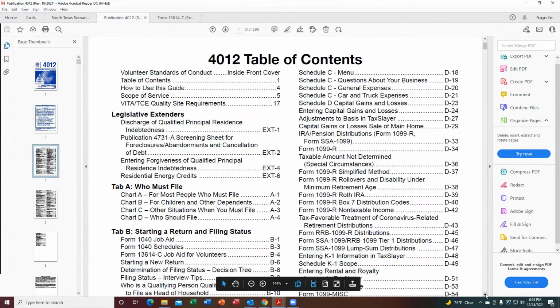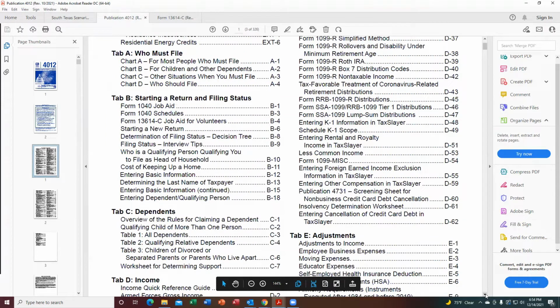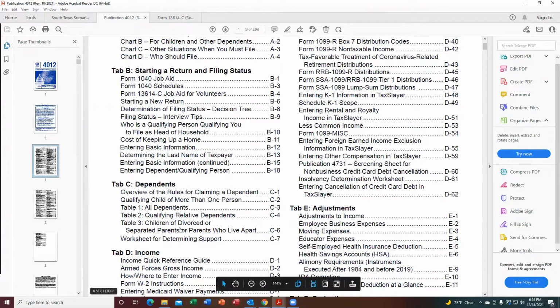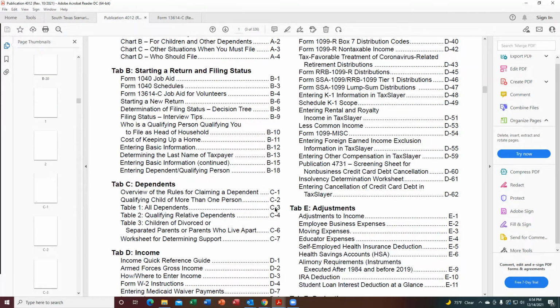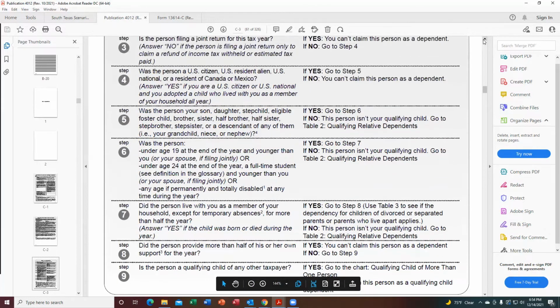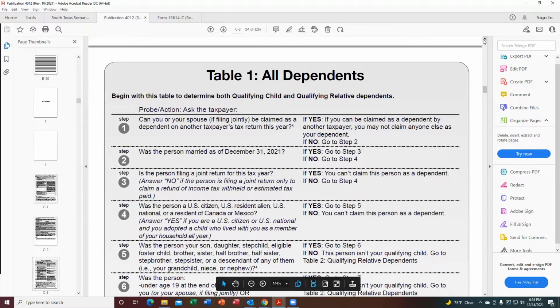Oops. And this area is dependents. So I'm looking at C3. So table 1, all dependents.